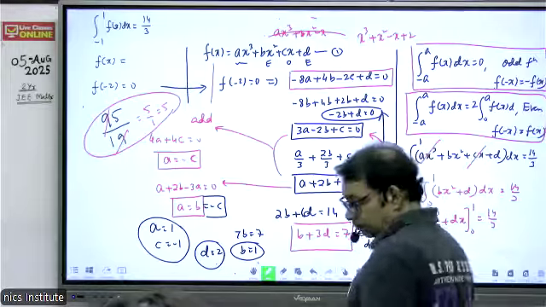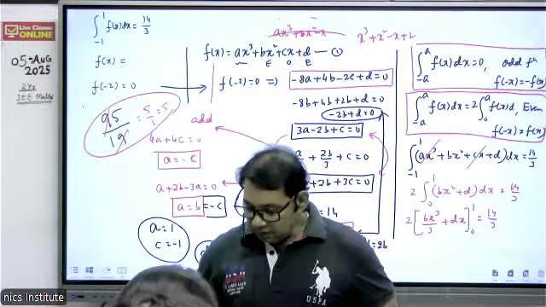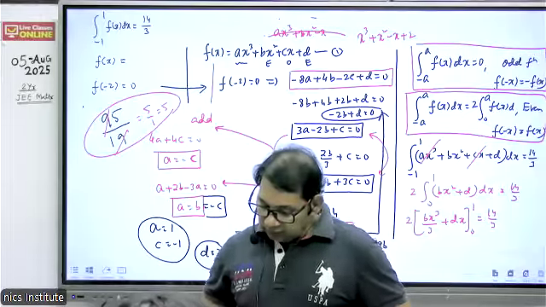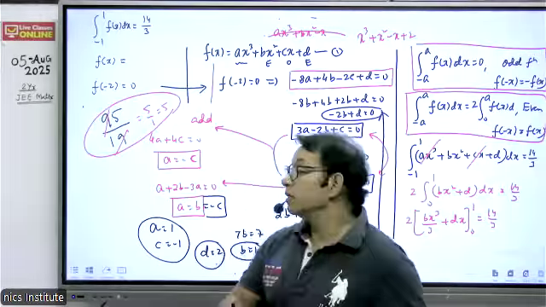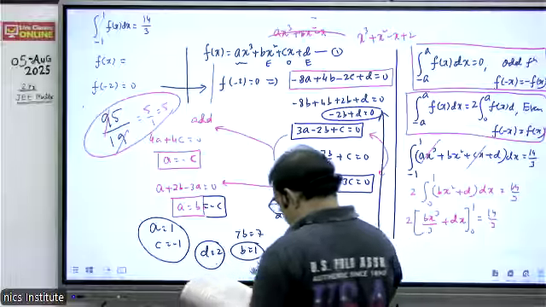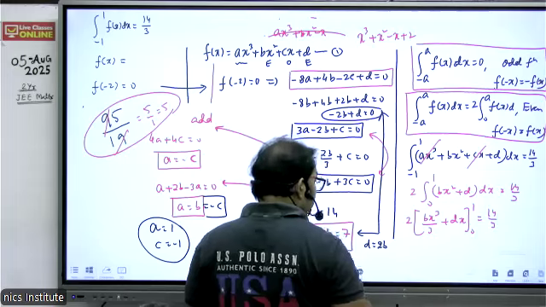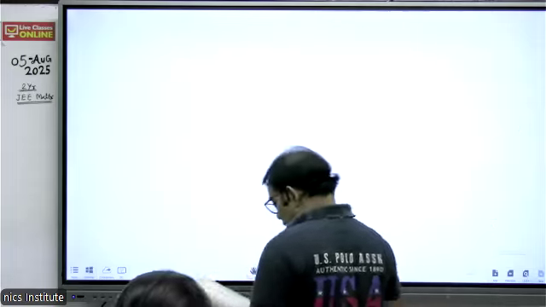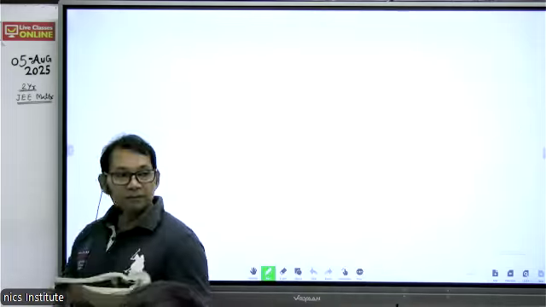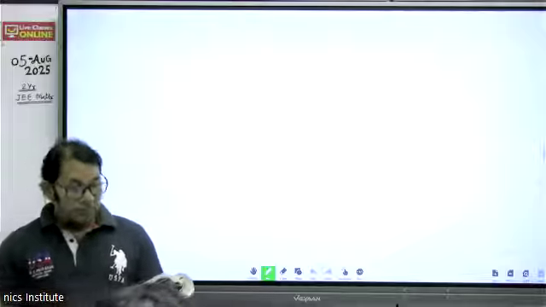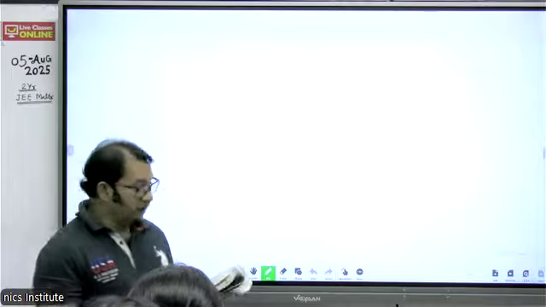Yeah, next question. P of x is a polynomial of degree 3.